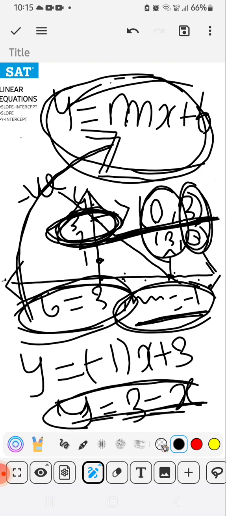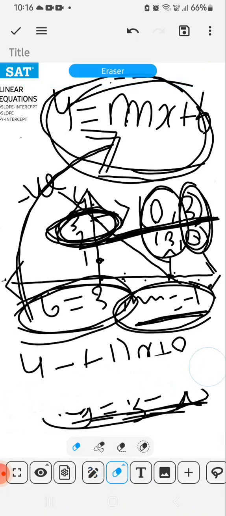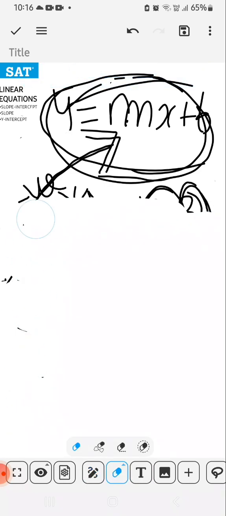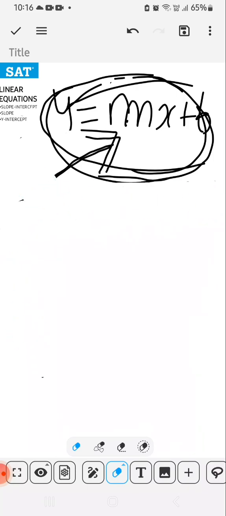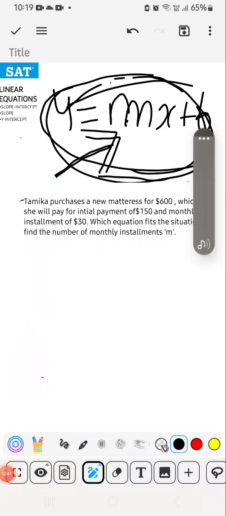Okay, 3 minus x. Now, let me give you an example here. The question reads that Tamika purchases a new mattress for $600, which she will pay for with an initial payment of $150 and a monthly installment of $30. Which equation fits the situation to find the number of monthly installments m?